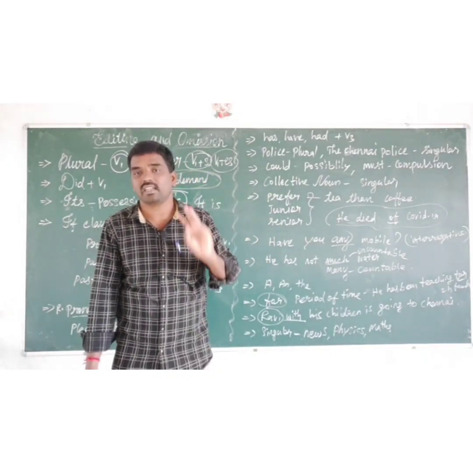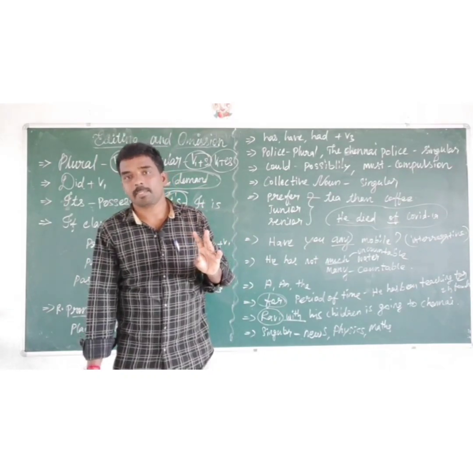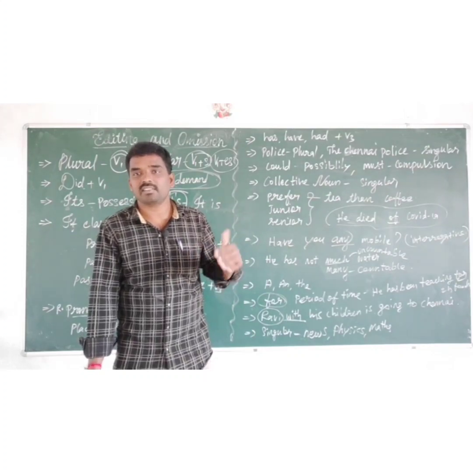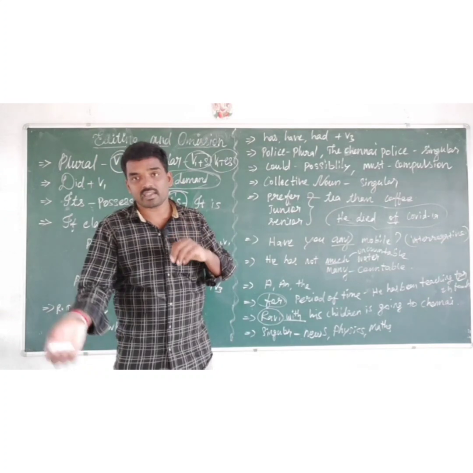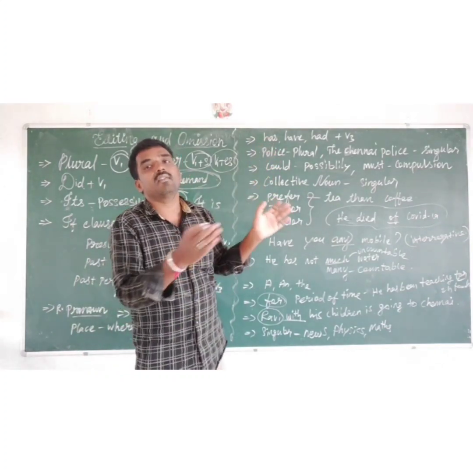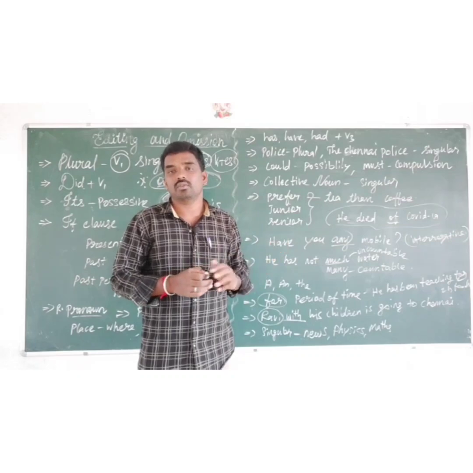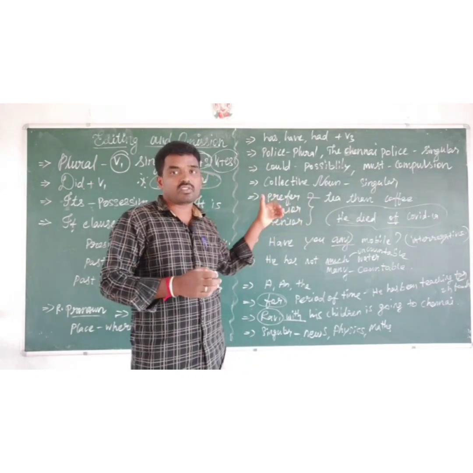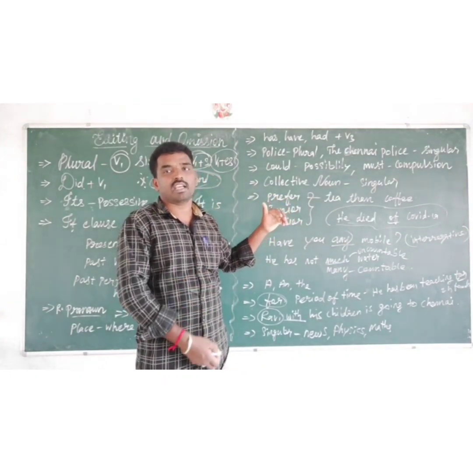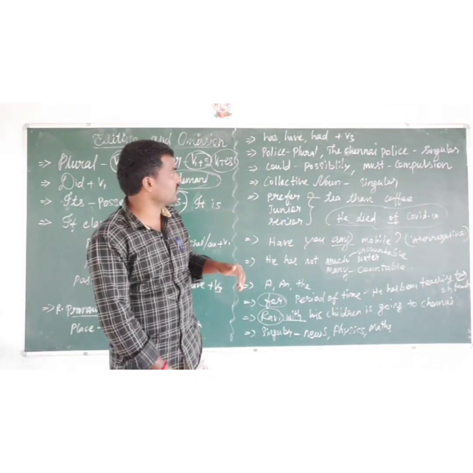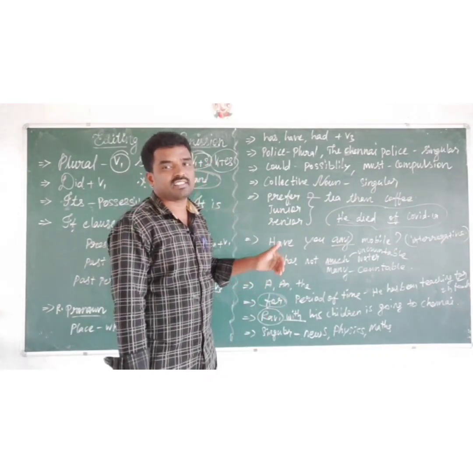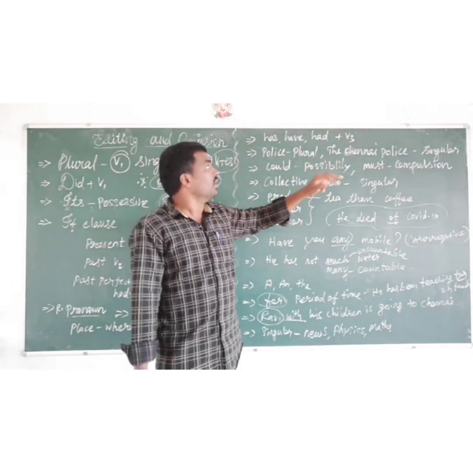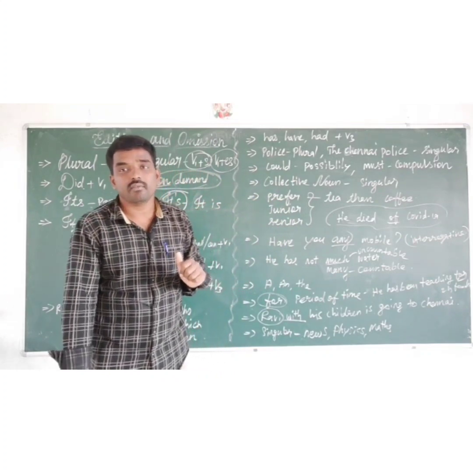For example, present perfect tense: subject plus have or has plus verb 3. Past perfect tense: subject plus had plus verb 3. Future perfect tense also has have, but we add will or shall: will have, shall have. So if you find has, have, had, it will help mostly in omission, error and correction also. It is the easiest one, so please follow these tips. Can you understand? If you find has, have, had, after that we want to use verb 3.